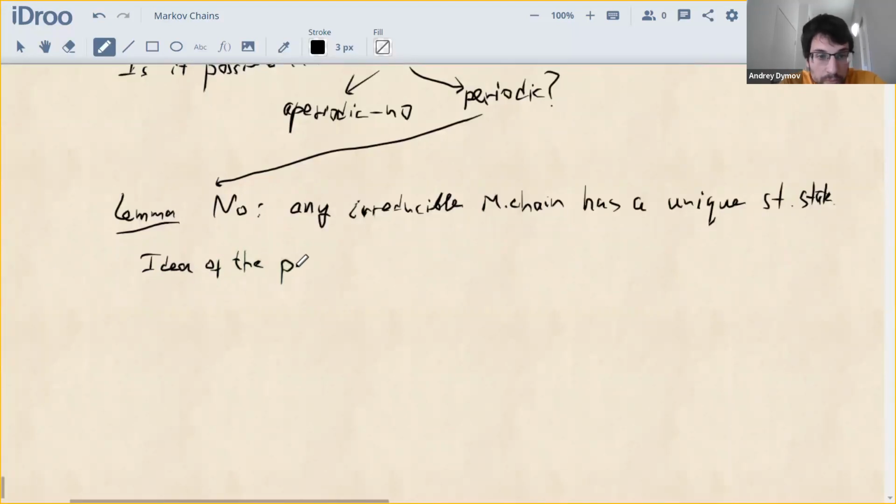In fact, this idea can be developed directly to the proof. So if you wish, you can do this as an exercise.